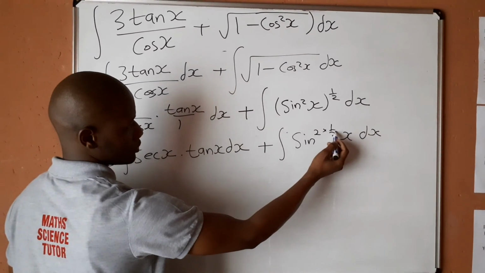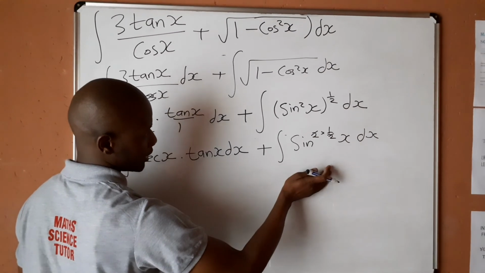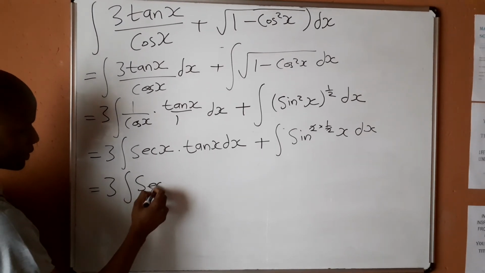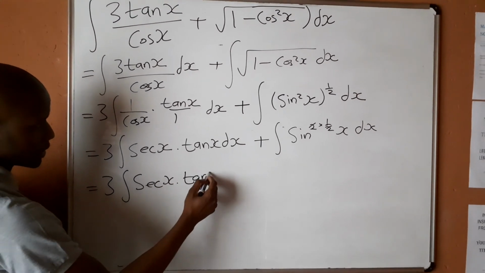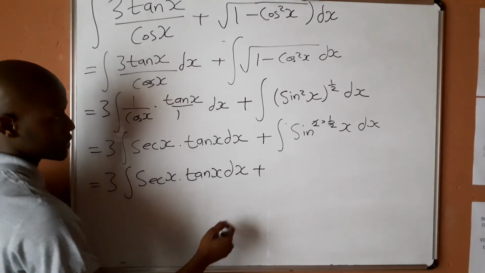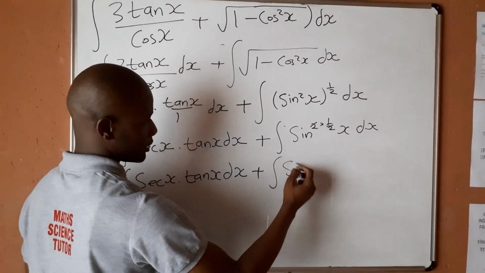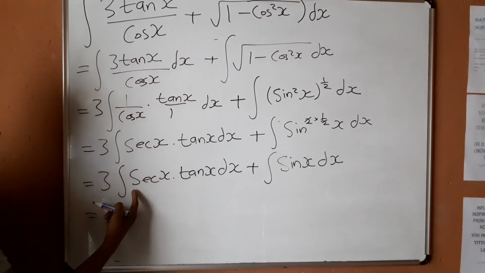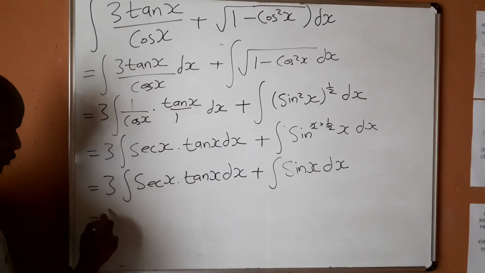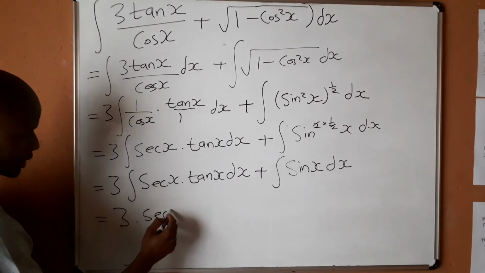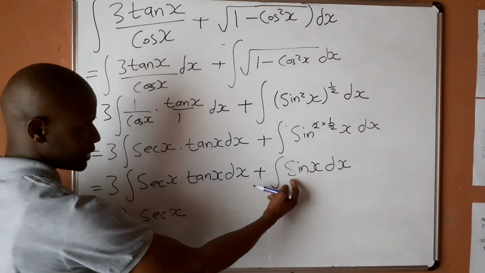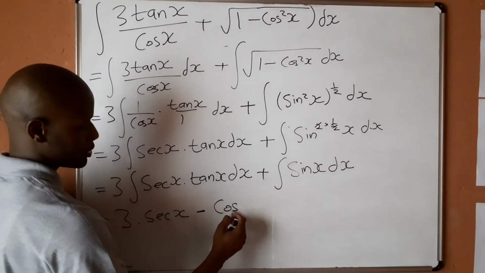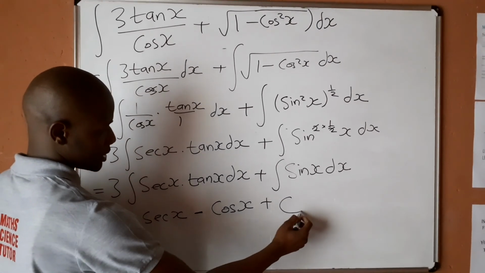Therefore 2 will cancel 2, it will be 1, which is 3 integral of sec x tan x dx plus the integral of sine x dx. Therefore, when we integrate sec x tan x it is going to be 3 times sec x, and when we integrate sine x dx it is going to be negative cos x plus c.